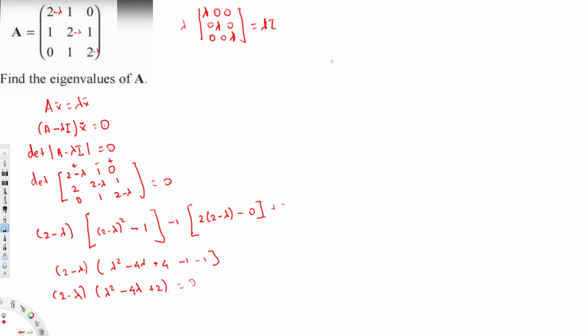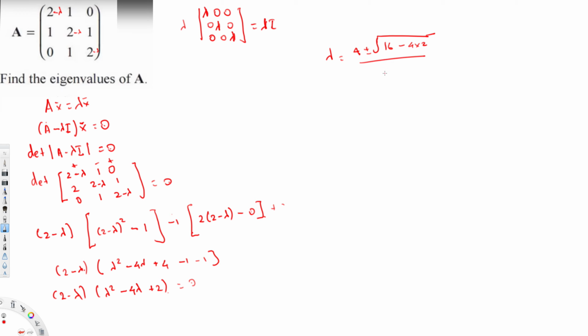So lambda is equal to minus b, so minus minus 4 is plus 4, plus or minus the square root of b squared minus 4ac, over 2a. b squared is minus 4 squared, which is 16. 16 minus 4ac, so 4 times 2 times 1, which is 4 times 2.